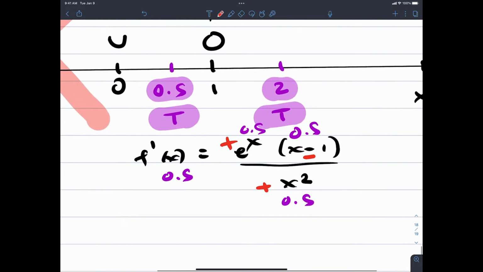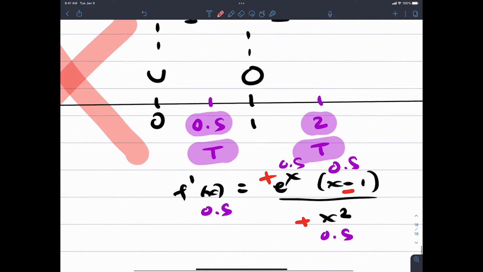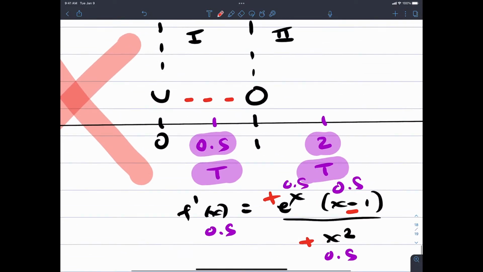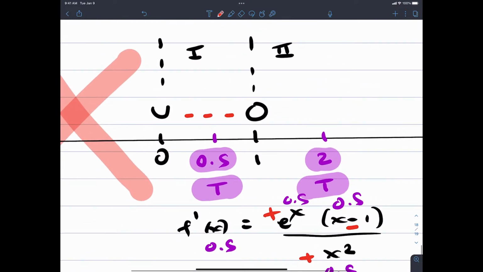What's a positive times a negative divided by a positive? Isn't that negative? Region 1 is negative. So if the first derivative is negative, the function's decreasing in that interval.